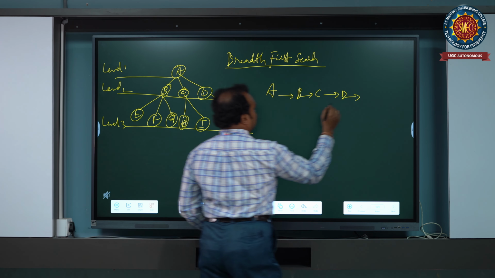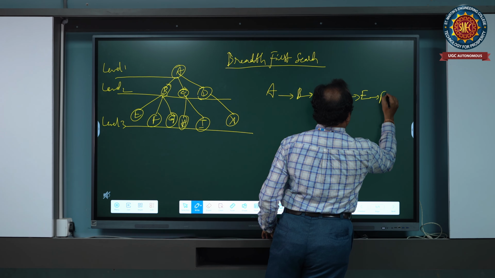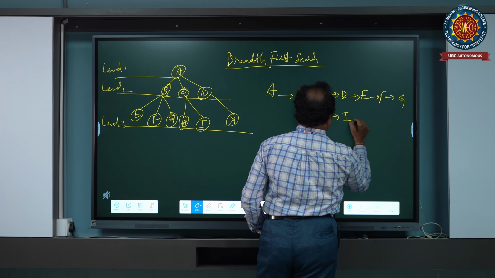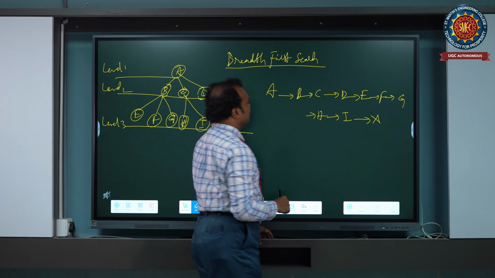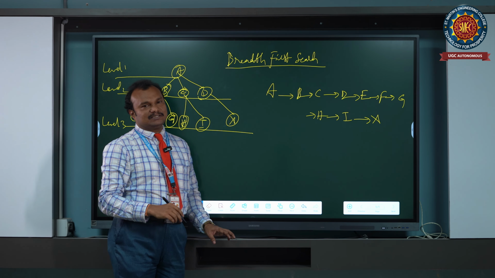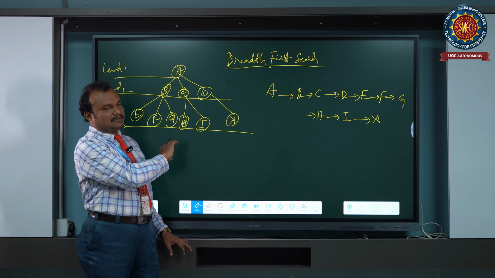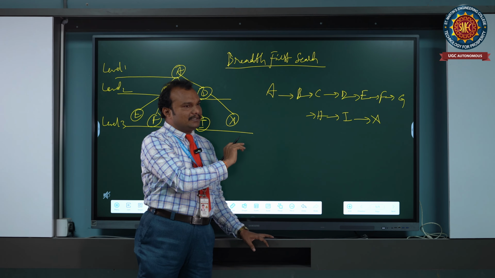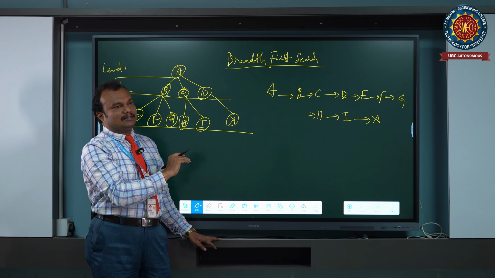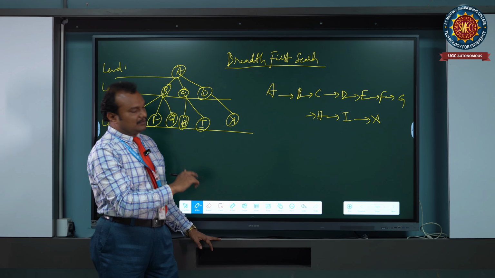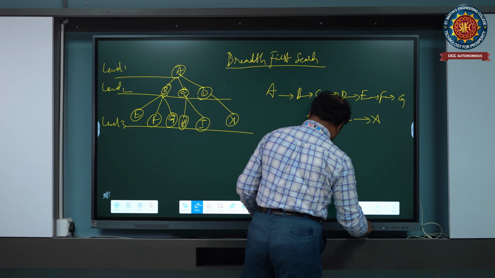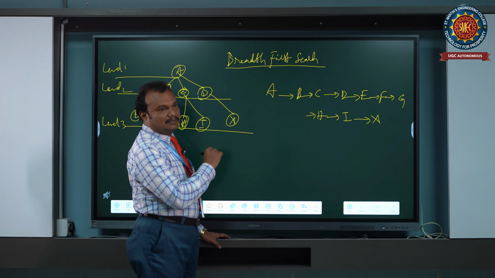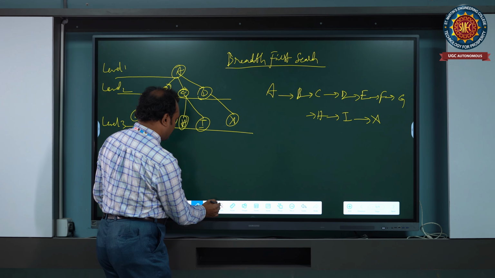So that is E, F, G, H, I, X. So finally, the breadth first search traversal of the given tree is A, B, C, D, E, F, G, H, I and X.